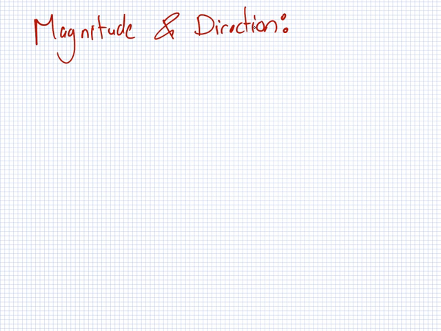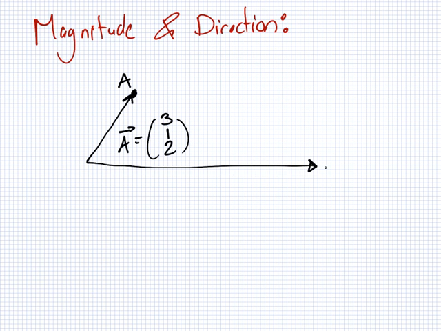I gave you the formula last time for magnitude, so let's have a look at an example. So here is vector A. Let's say it's 3, 1, 2, and then let's say here is vector B, and let's say that's, I don't know, 1, 2, 2.